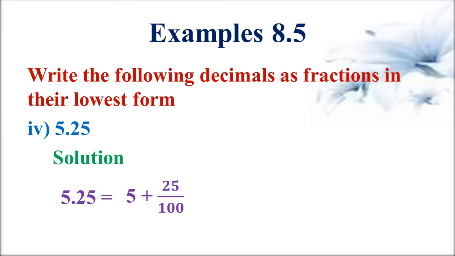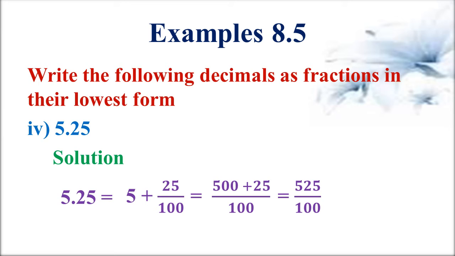So 5 plus 25 divided by 100. Now we multiply the whole number and the denominator, then add the numerator. So 5 into 100, 500, plus 25, divided by 100. Now we add the numerator, 500 plus 25, 525 divided by 100.